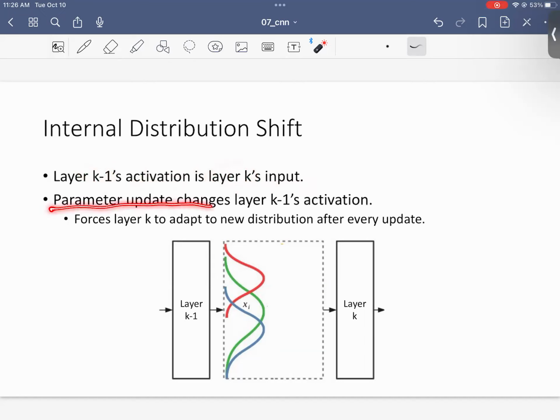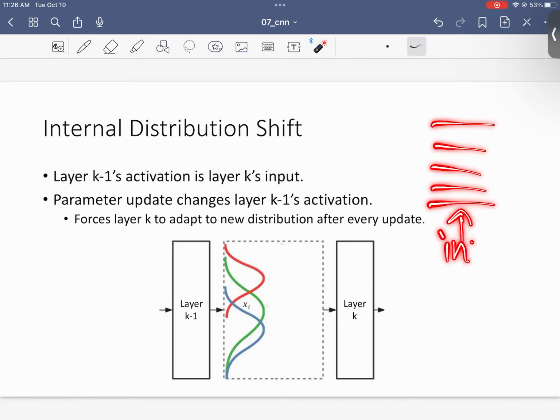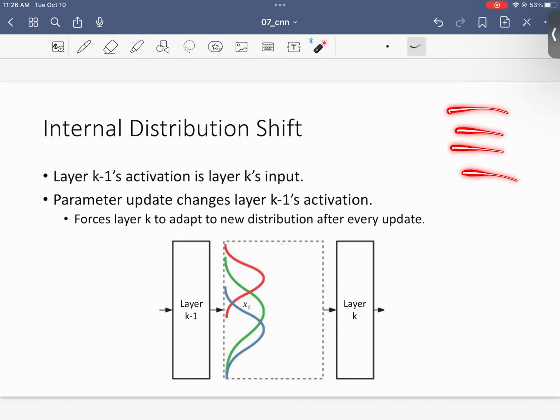Parameter update means that you update your parameters with backprop, right? If this is your input and this is your output, then backprop means you update parameters here, then here, then here, then here, and then here. You start from the top and go all the way to the bottom.